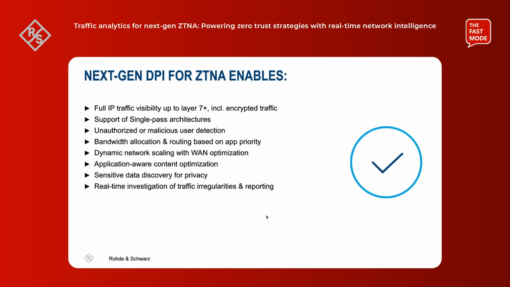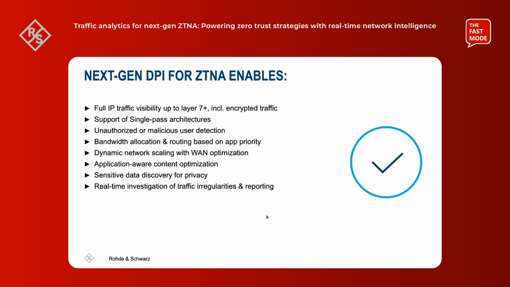Based on DPI, unauthorized and malicious users can be detected. And based on our application classification, bandwidth for certain service categories such as VPNs, enterprise apps, video and audio can be allocated and/or precisely routed.